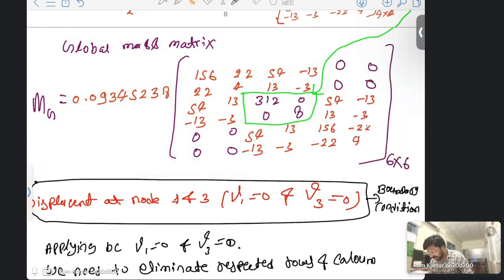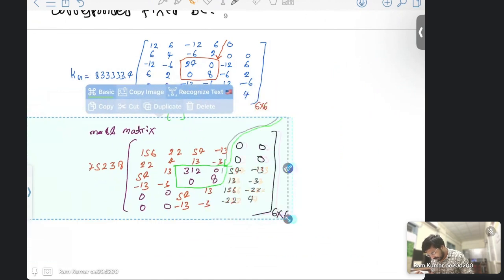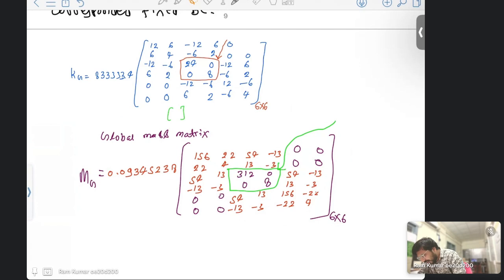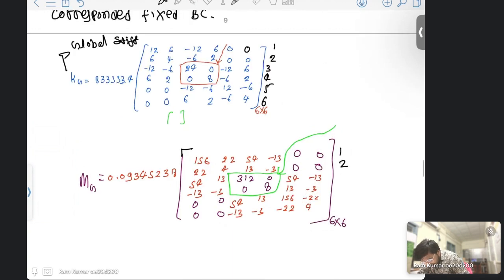This is our global stiffness. This is global mass. So what I told you, that we have to remove the respective row and column. So b1 and b3. So I will write here. This is also 0. 1, 2, 3, 4, 5, 6. Here 1, 2, 3, 4, 5, 6.